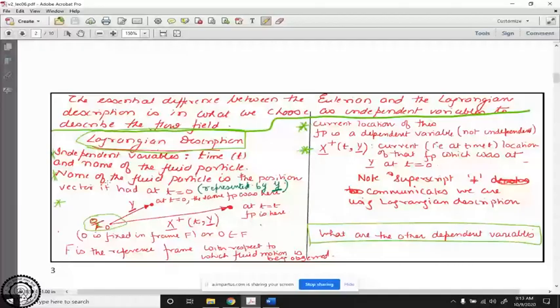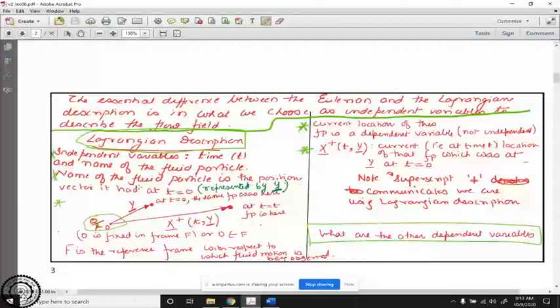This is a very interesting way of giving identity to a fluid particle. The name of the fluid particle is given as the position vector it had at t equals 0. So you are interested in the motion of these fluid particles at t greater than 0, at all time instants, but you are identifying a fluid particle by the location it had when the motion started, right?